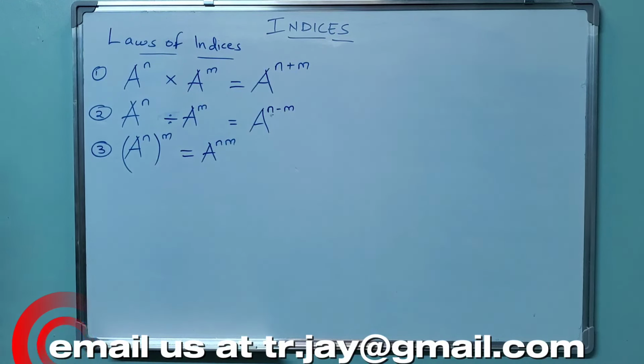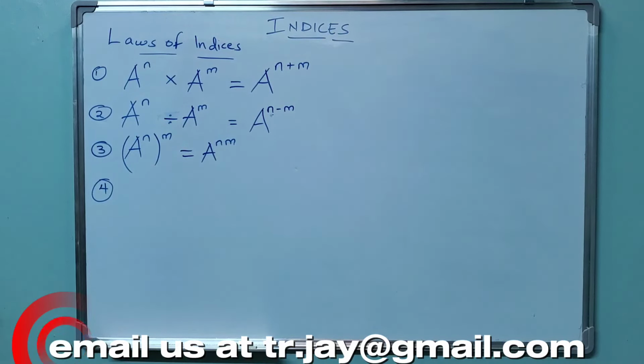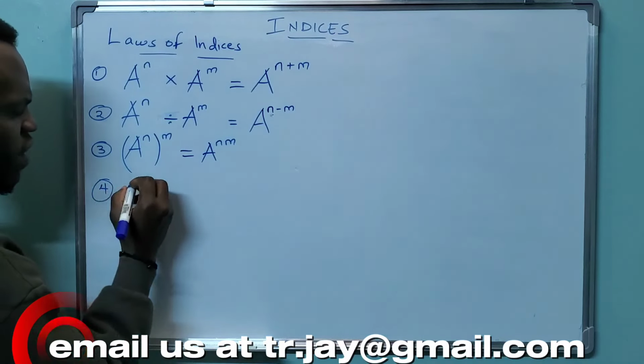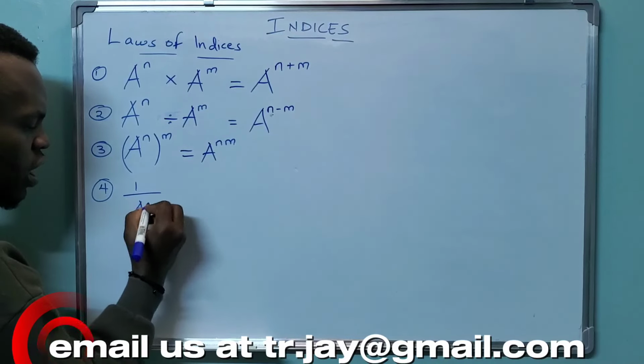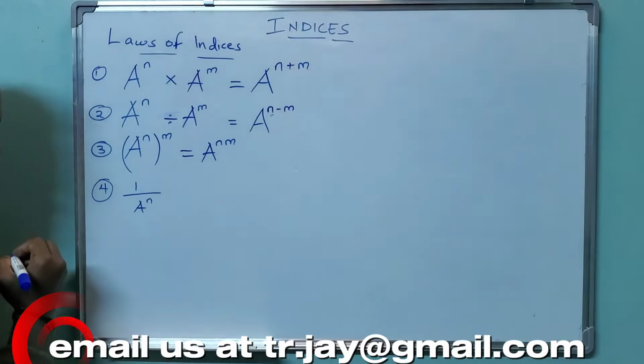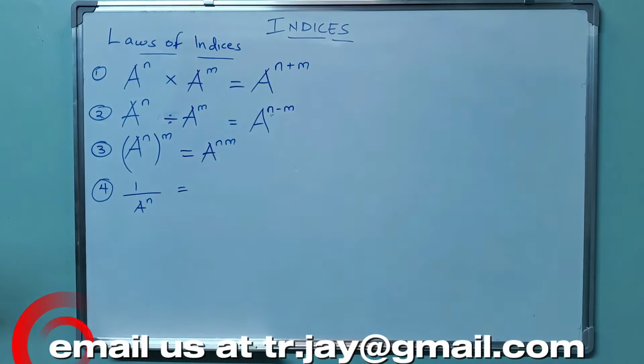We have another law, law number 4, and this one is in relation to the inverse. Suppose I've been given an index 1 over a raised to power n. What am I going to have? Whenever you have 1 over a raised to power n, the power is going to be reciprocated, as if we are having an inverse.